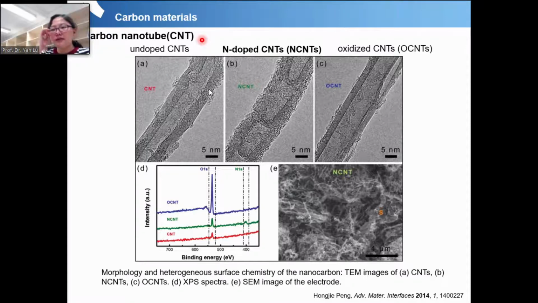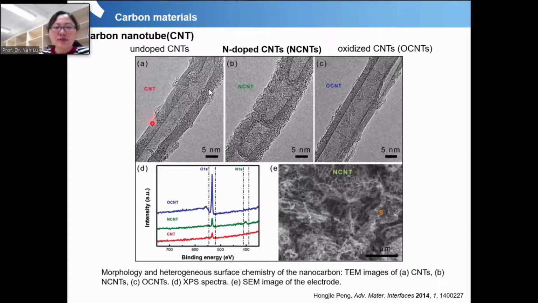And because the carbon nanotube is a fiber structure, it is also a very good candidate if you want to make a flexible cathode material. If you look into the literature, if you want to design a wearable battery system or flexible battery system, most of them are based on carbon nanotubes or carbon fibers.